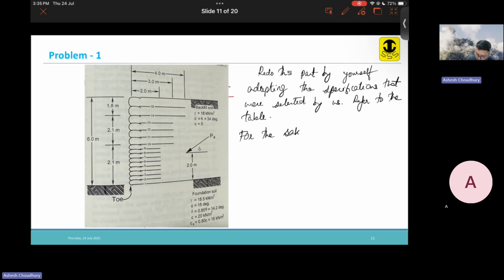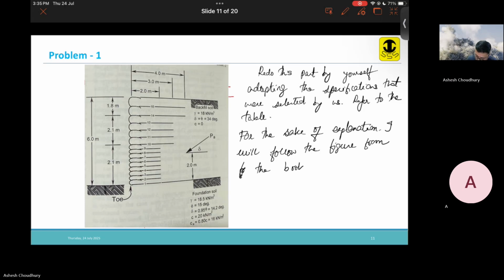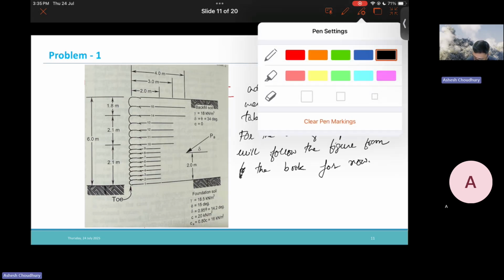For the sake of explanation, I will put the figure from the book for now. Okay, for now, let me just follow this figure.